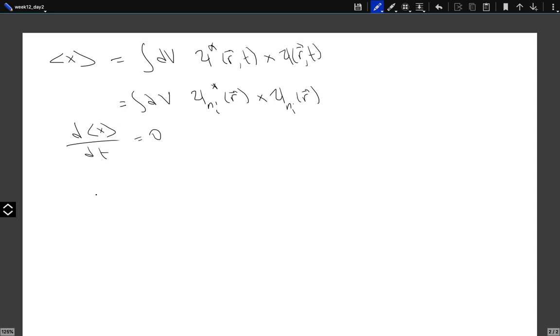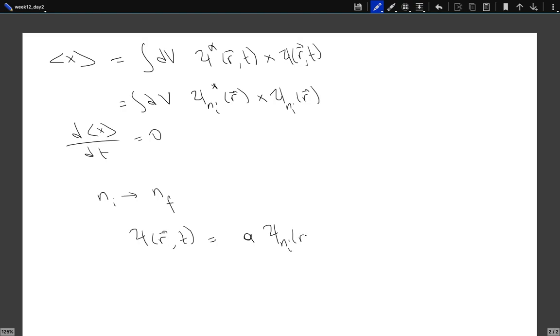Well, let's see. Let's assume that it makes a transition from an initial state to a final state. During this transition, the wave function of the electron will have this form.